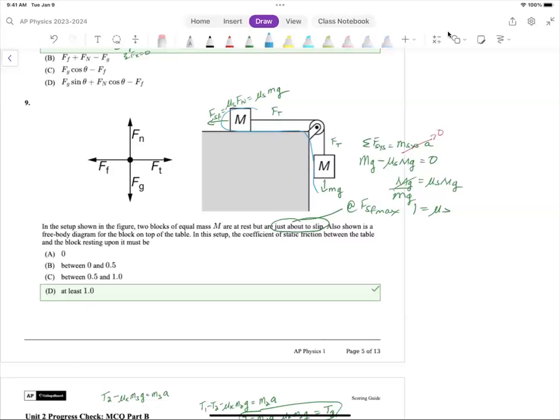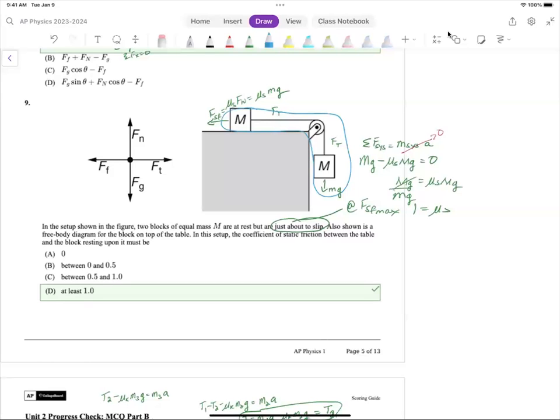Here's my system, right? There's only one force that's trying to accelerate me downward. It's mg. There's only one force that's trying to stop me from accelerating, and it is the maximum static friction. And by definition, the maximum static friction is mu s F normal. What is the force normal acting on the block sitting on the table?